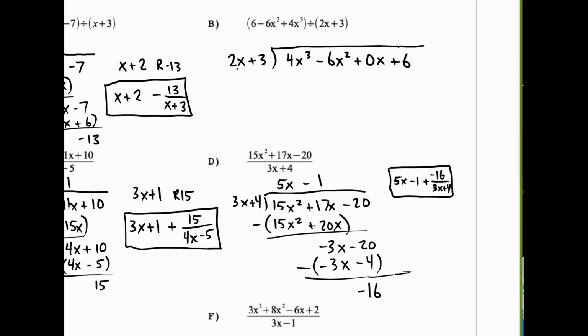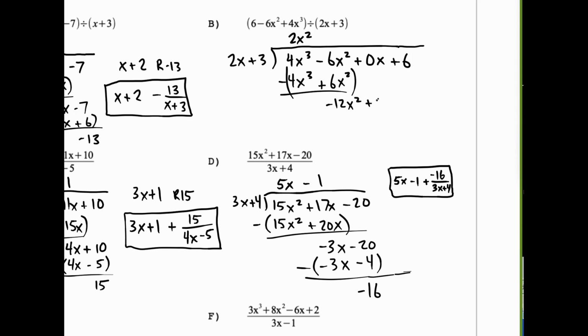Alright, if I'm going to do 2x times something makes 4x cubed, I think I need 2x squared. So 2x times 2x squared makes 4x cubed. That works out well. We get that. We'll subtract to get negative 12x squared here.